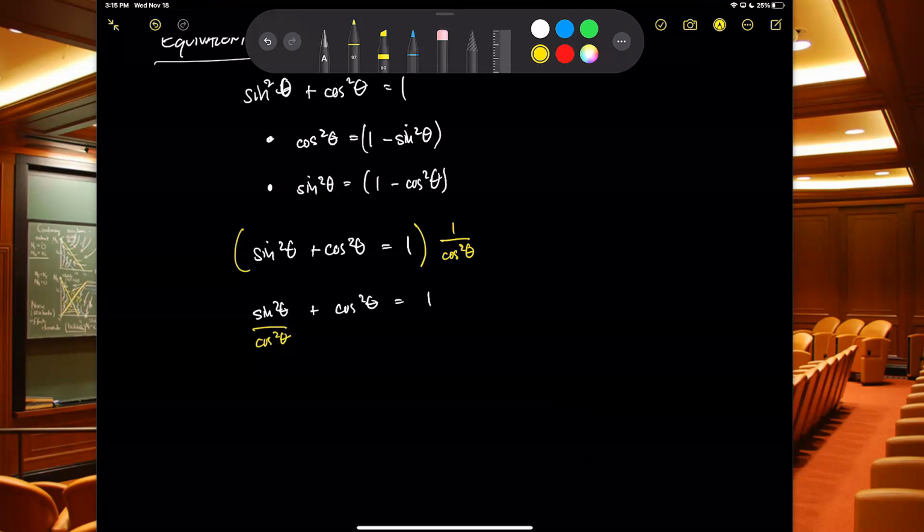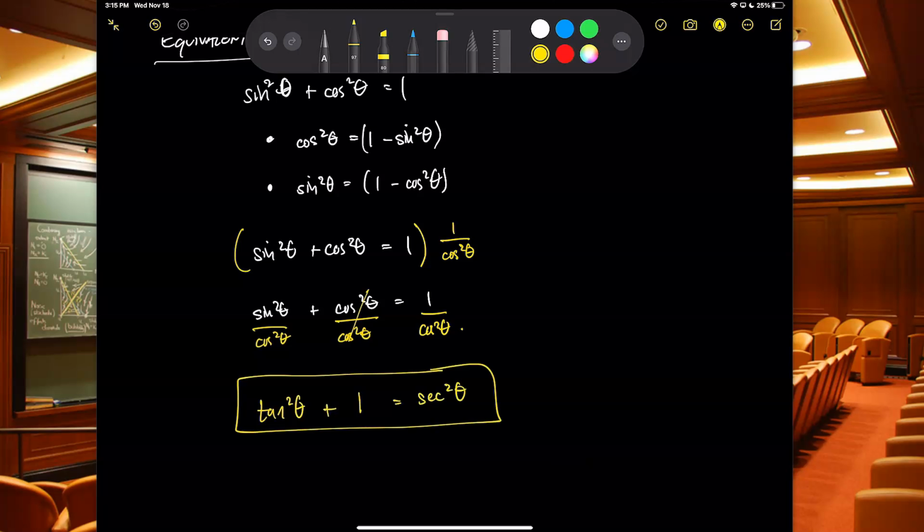1 over cos squared theta, what do we see happens? Well, this reduces to 1. Sine squared over cos squared, well, this is equal to tangent squared. And what is 1 over cosine squared? That is secant squared.